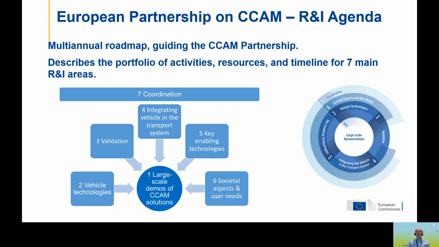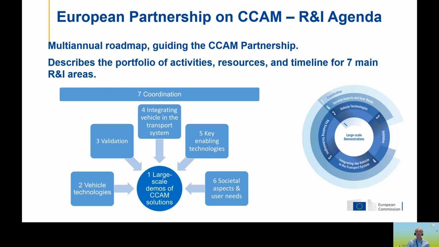Now, a few words also on the research and innovation agenda of this partnership. So this new research and innovation agenda has defined a multi-annual roadmap for 7 different research and innovation areas, also called clusters.